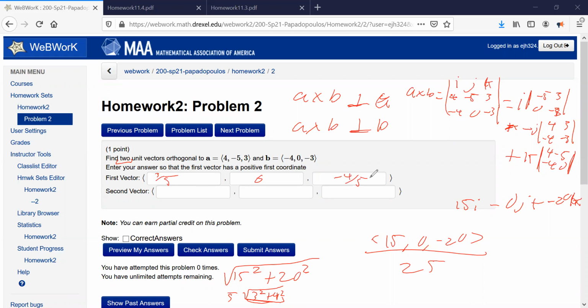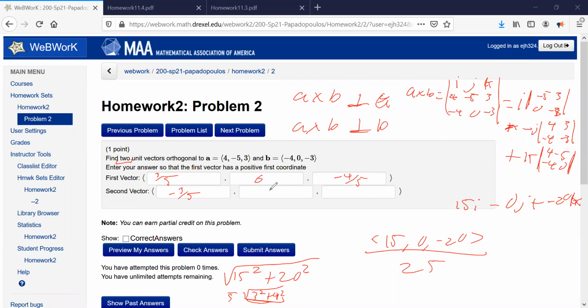How do I get the second one? Is it just the same thing or no? I just multiply it by negative 1. To get the other vector that's orthogonal and length 1 in the opposite direction, I just multiply by negative 1.